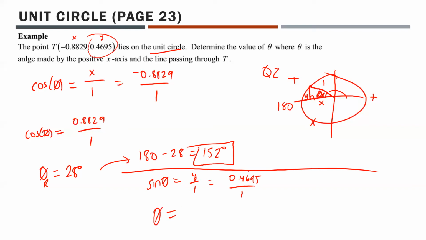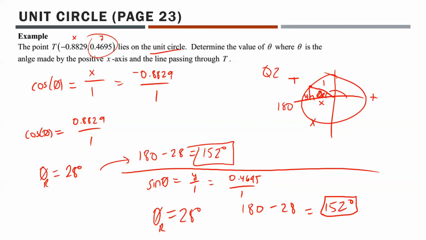Using inverse sine of 0.4695 equals, what do you know, 28 degrees. That's your theta r, of course. So then we just have to go 180 minus 28. It gave us the exact same answer one way or another. So however you want to go about doing this, it's up to you entirely.